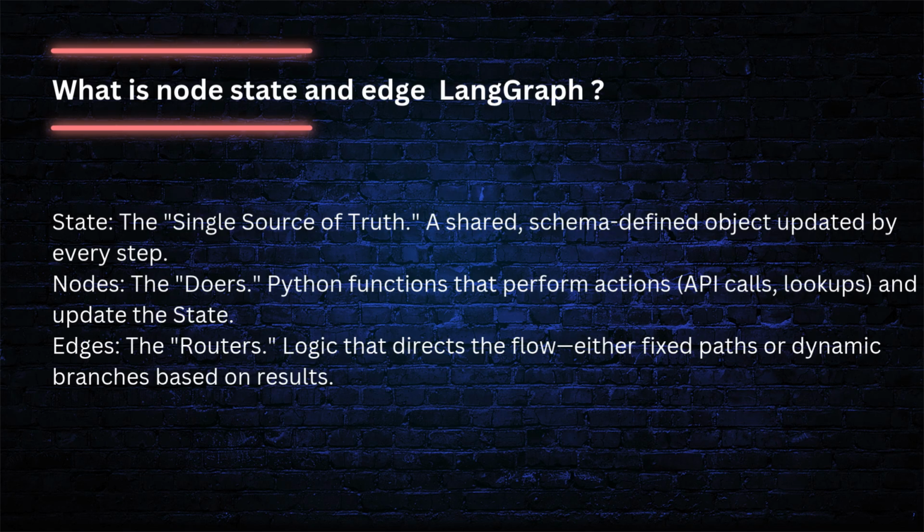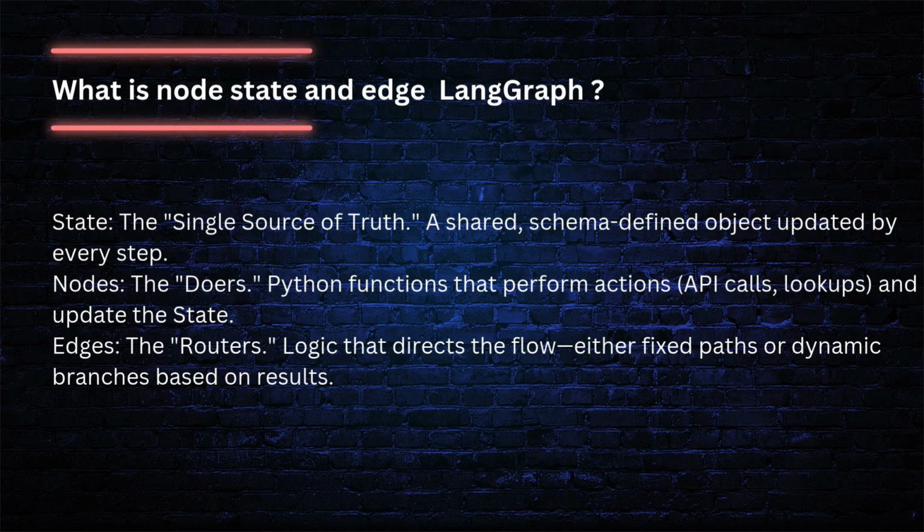State is also called the single source of truth, a centralized schema-defined object like a Pydantic model that is passed to every step, and nodes read from this state and return updates which LangGraph automatically appends or overrides. Nodes are Python functions that accept the current state as an input, perform an action like calling the Gemini API or querying Pinecone, and return updated data to modify the state.